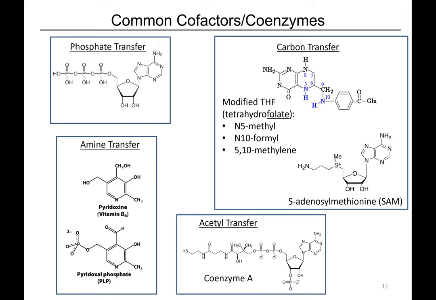Carbon transfer, there's two really common ones. One is this molecule S-adenosylmethionine, and in your activity, you'll look at how this is made. It's really straightforward. The idea is you have an AMP or an ADP or ATP, whatever, but the idea is that in that adenosine, we replace all of the phosphates, including the oxygen on the 5' carbon, with methionine, right?